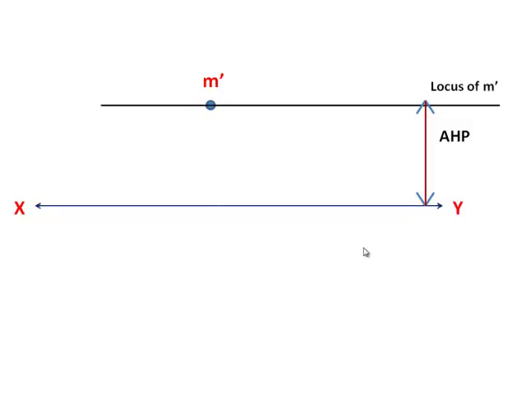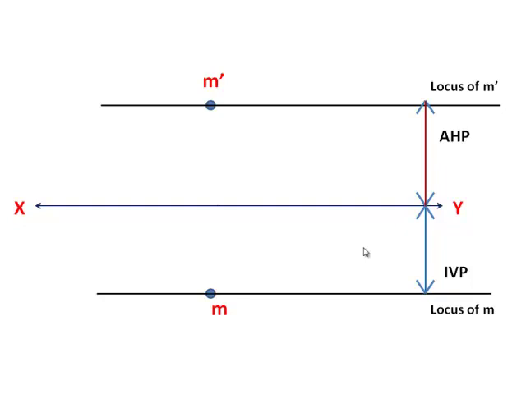Similarly, they will give the distance in front of VP of the midpoint of the line, that is M. A line joining M dash and M, parallel to your XY line, is the locus of M dash and locus of M. Again I am repeating: they will give the midpoint's distance above the horizontal plane and in front of VP.